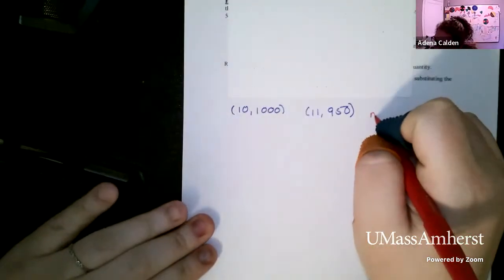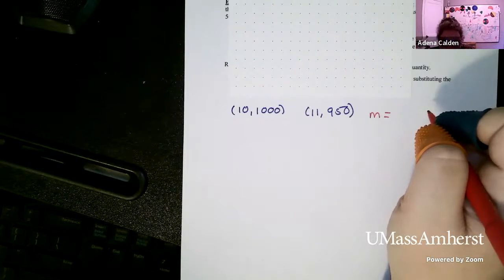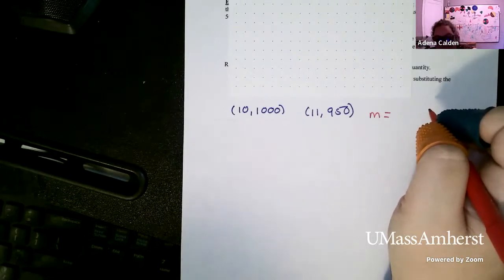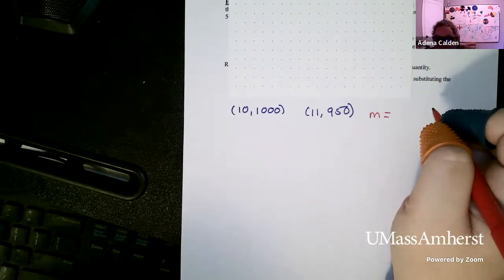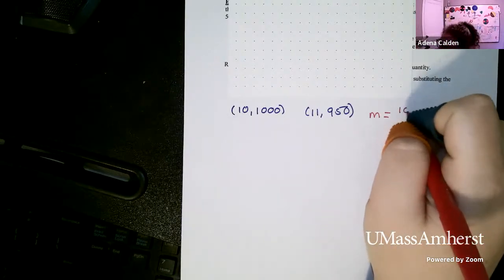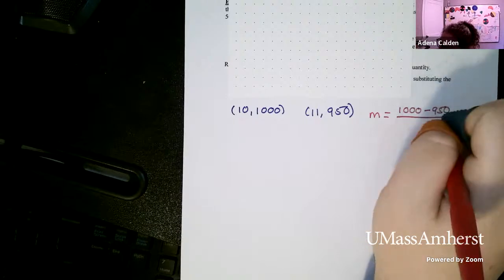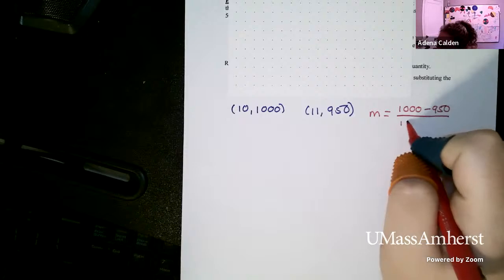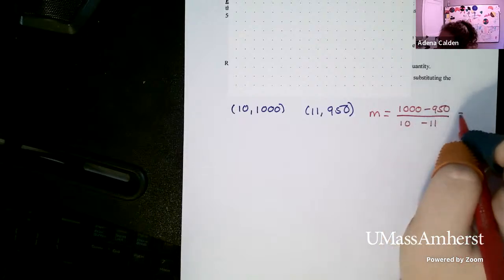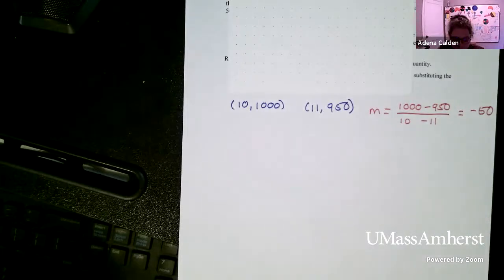Our slope, remember, is going to be the change in y over the change in x. I'm going to do everything in terms of x and y and then convert it at the end to p and q. So for the change in y, I have 1,000 minus 950 divided by 10 minus 11. And that gives me a slope of negative 50.